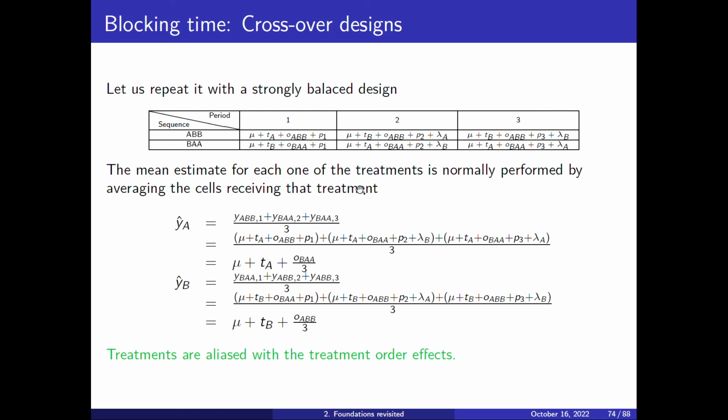Now we compute the average of the treatment A. We have A in these cells, so we add the 3, and what we have is this one. So the treatment A is aliased with the effect of the order, which typically we don't think will be so much, and it is divided by 3, not divided by 2. And the same happens for treatment B.